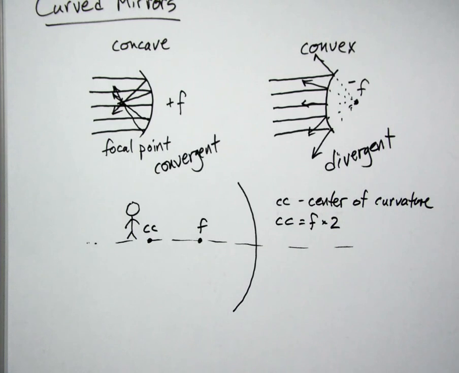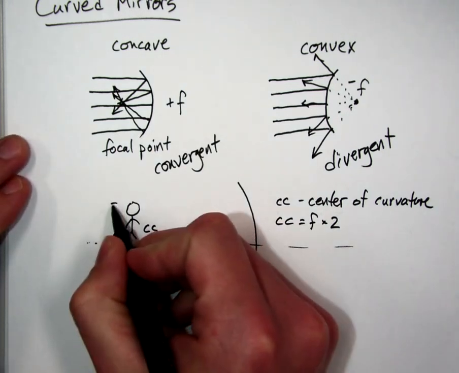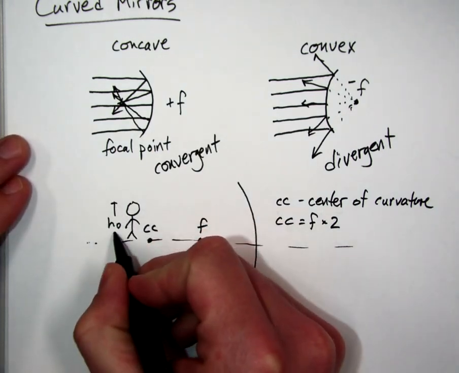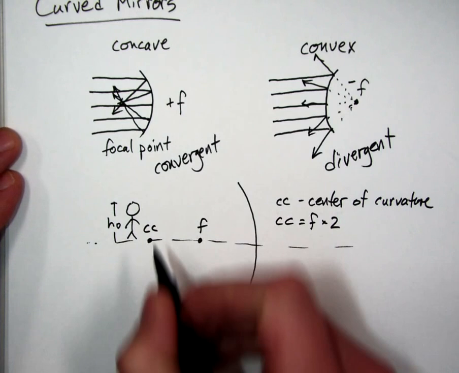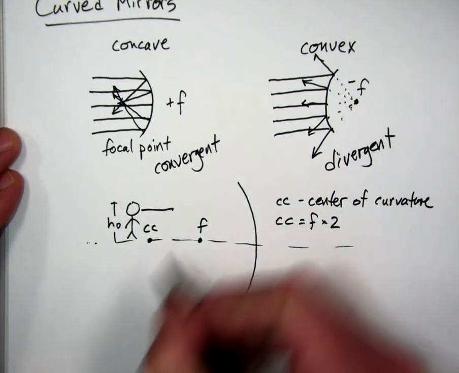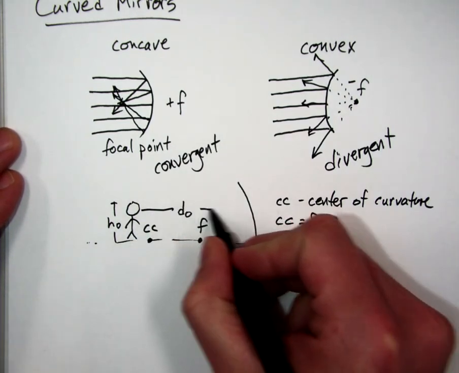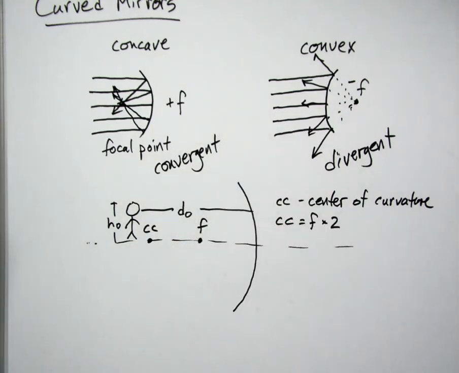Okay, let's define a few other things here. If my object has a certain height, we call it ho, height of the object. And whatever distance my object is from the mirror, we call that do, distance to the object, or object distance. Well, as we'll see, an object placed in front of a curved mirror will form an image.